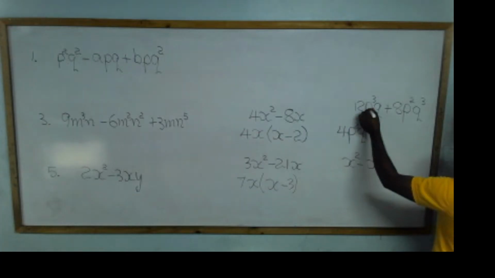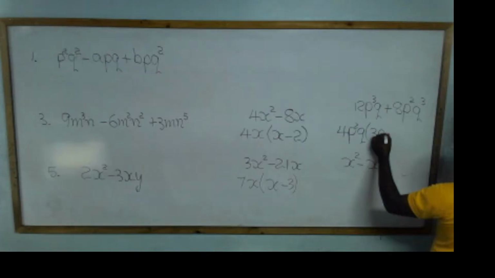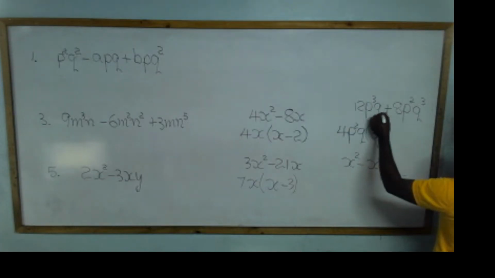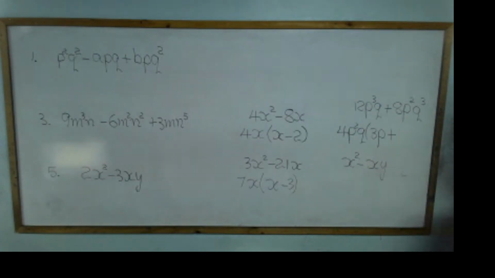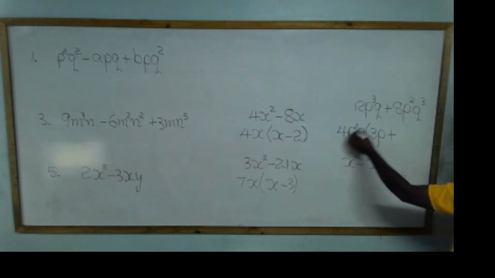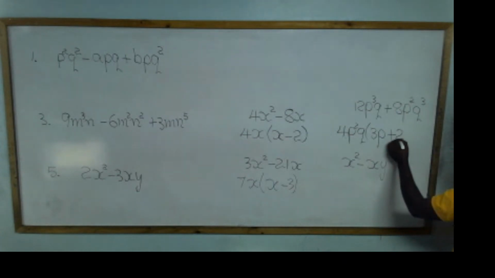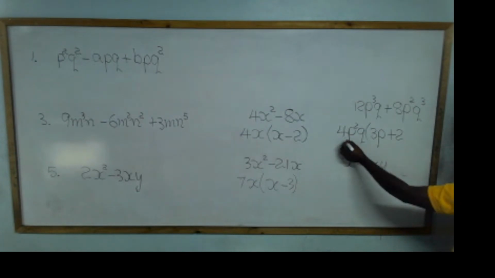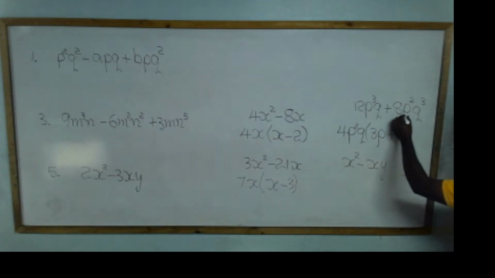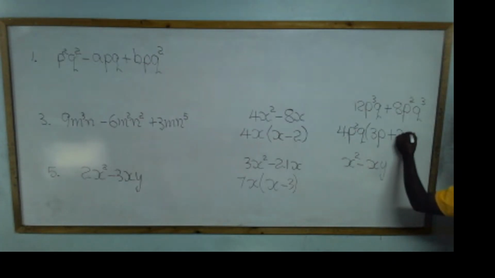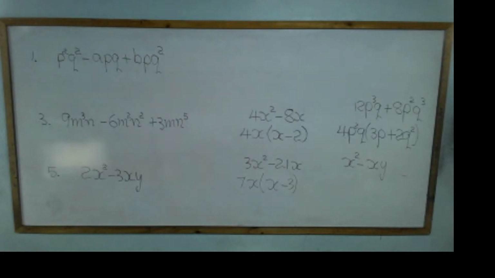P squared into p cubed, that's a p, and the q's will cancel. Then we go to the next term. 4 into 8, that's 2. P squared will cancel with p squared, and q into q cubed is q squared. Now, take a go at this one.